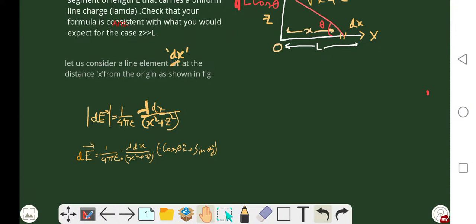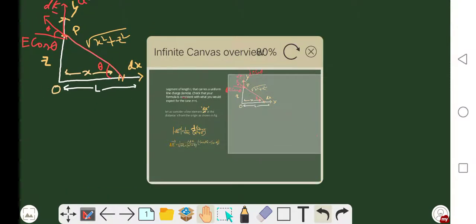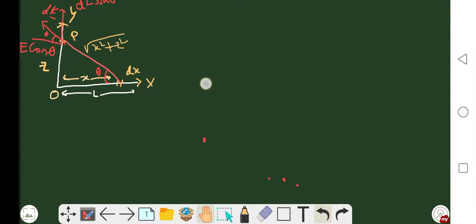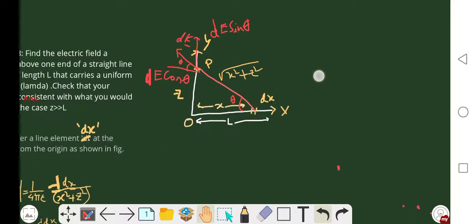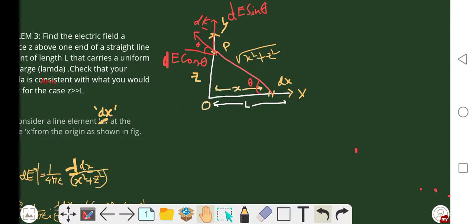We know from the vector rule that this line is the summation of this line and this line.